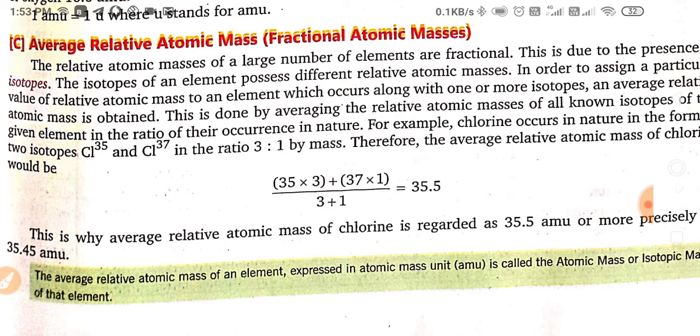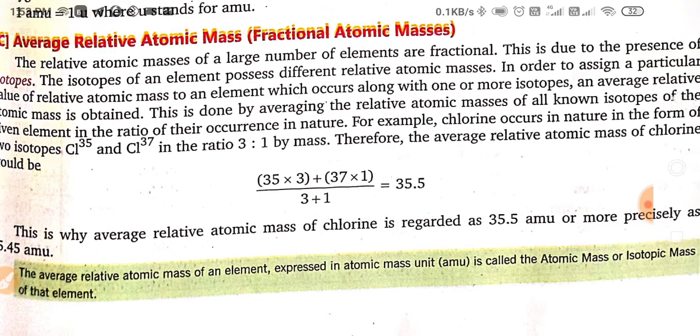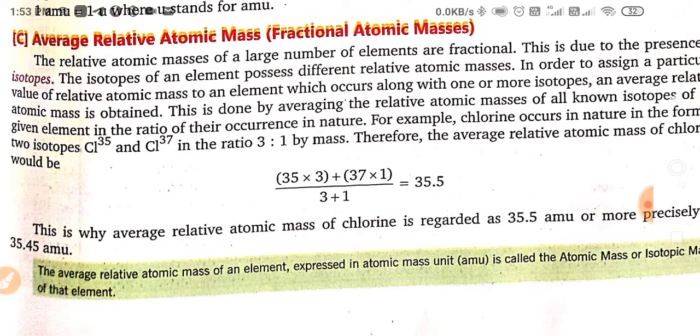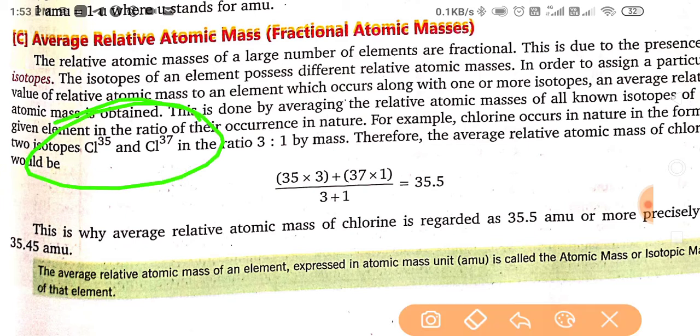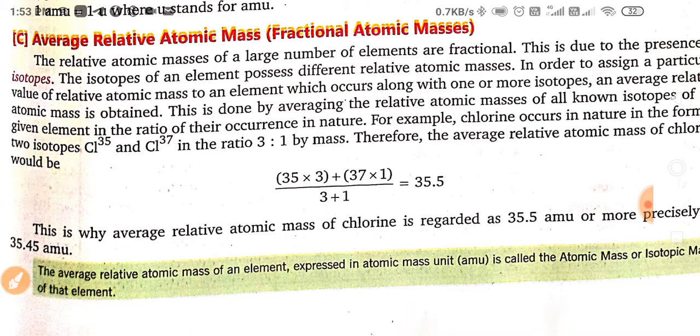For example, chlorine occurs in nature in the form of two isotopes, chlorine 35 and chlorine 37. You can see their atomic masses are different, in the ratio of 3 to 1 by mass. Therefore, the average relative mass of chlorine would be (35 × 3 + 37 × 1) upon (3 + 1).